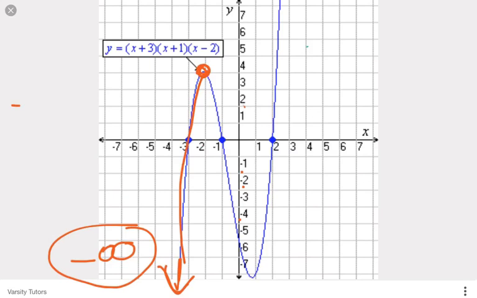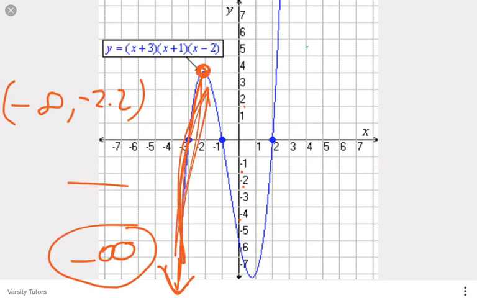So notice from -infinity to -2.2, it's going up, isn't it? From there to there, it's going up. Remember, always read from left to right. And likewise, from the minimum, it goes up to +infinity, we say. Okay? And again, what do they call that value there for x? 0.7, right?